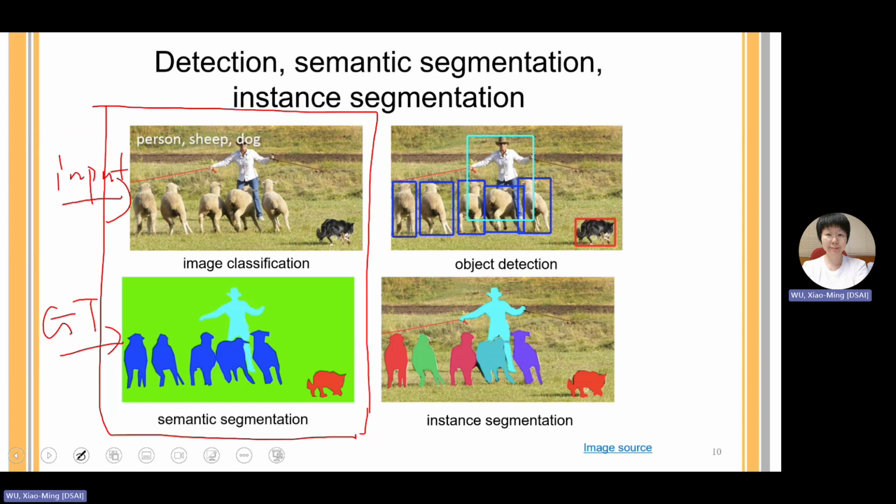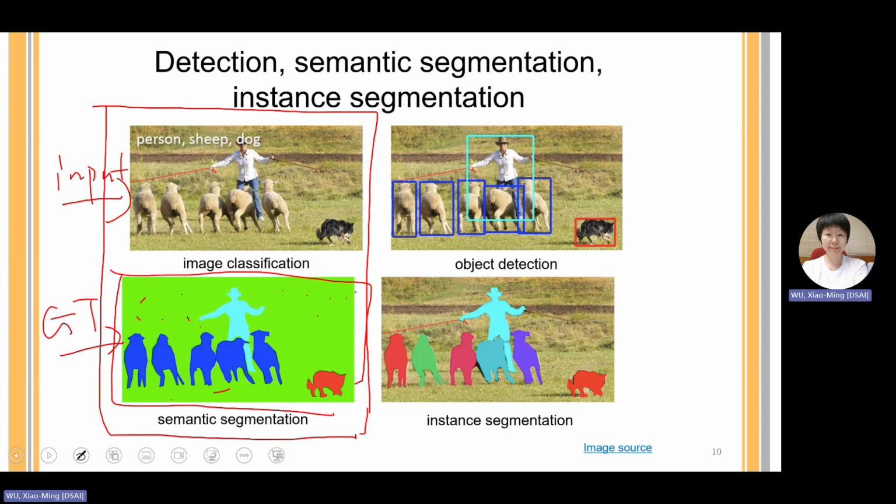One thing you need to keep in mind is that when we train the network, with this ground truth, we want to train a network that is able to classify each pixel within the image.